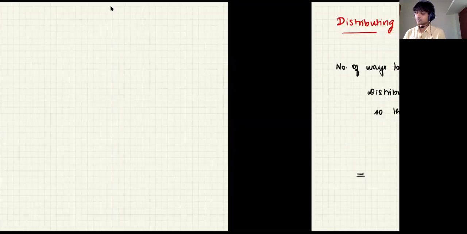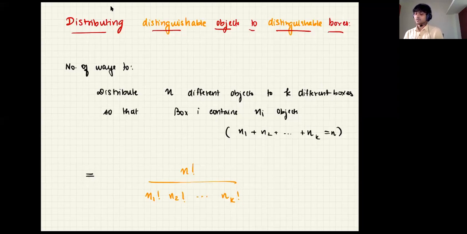So in general we have this problem of distributing distinguishable objects, object 1, 2, 3, 4, 5, and so on, into distinguishable boxes, box 1, box 2, box 3. Using the argument before, to every object you associate a box number.